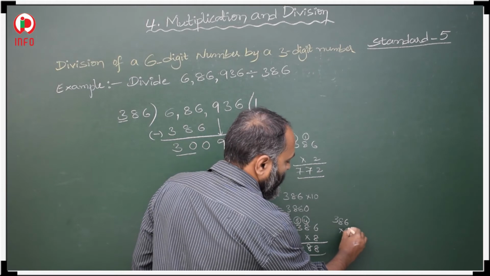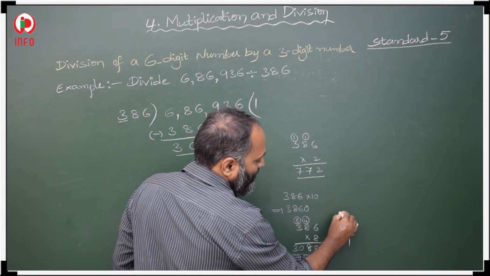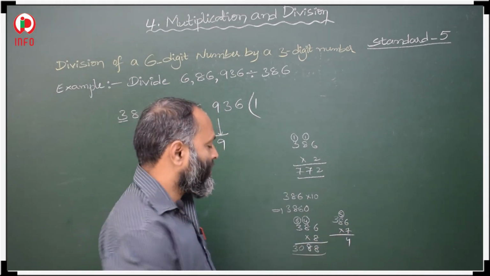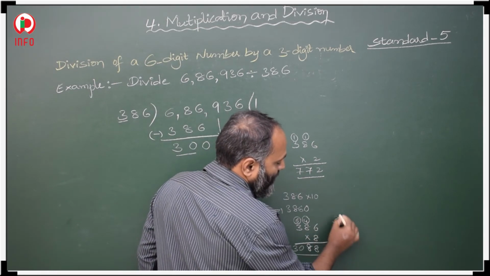Now if we have to check, 386 7s are: 7 6s are 42, and 4.